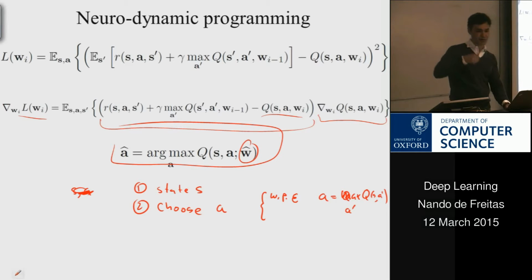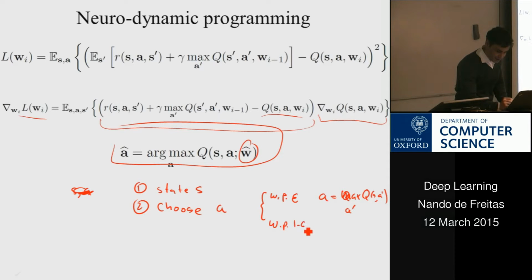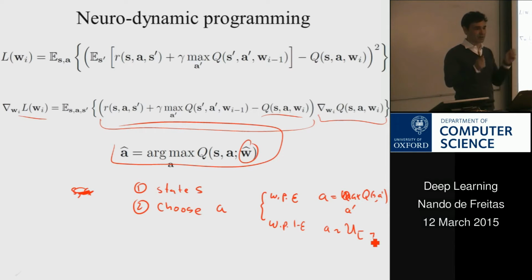So you essentially maximize the Q function, and with probability 1 minus epsilon, a is some sample from a uniform distribution over some range. So basically a uniform noise action. So if you have 3 possible actions, just pick one of those 3 at random. And that allows you to explore, because you're not only being greedy, but you want to explore.